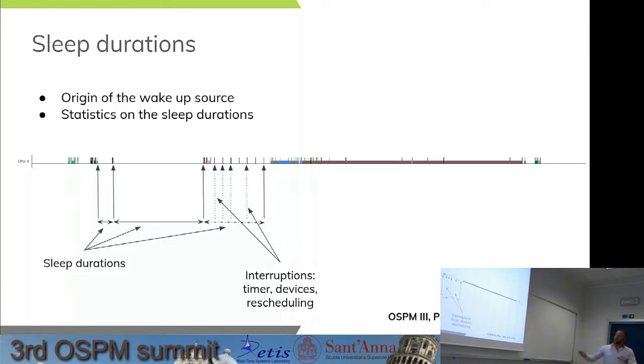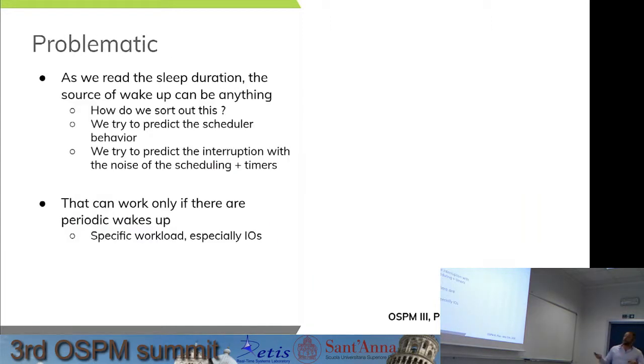When we measure the sleep duration, we just measure when we enter idle and when we exit idle. That's the only metric we have. It just gives us the duration, but we don't have any clue about the reason why we woke up. That could be a timer, and that could be the scheduler.